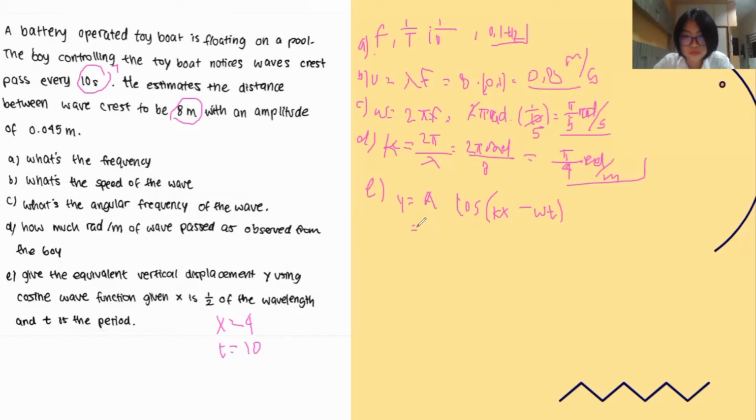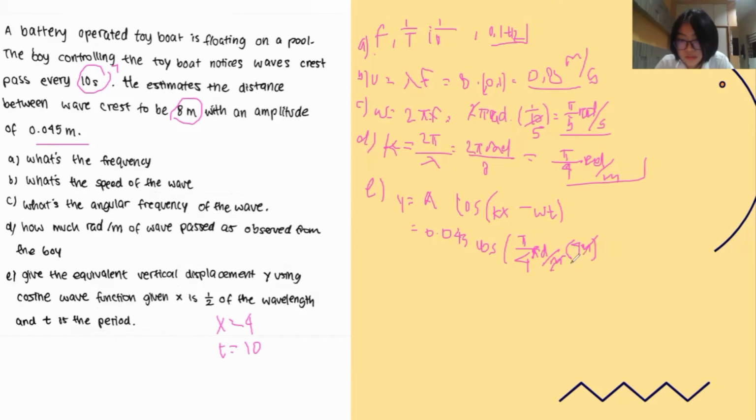Now we're going to put the numbers in, which is 0.045 times cos of k. k is pi per 4 rad per meter, times x, which is 4 meter.